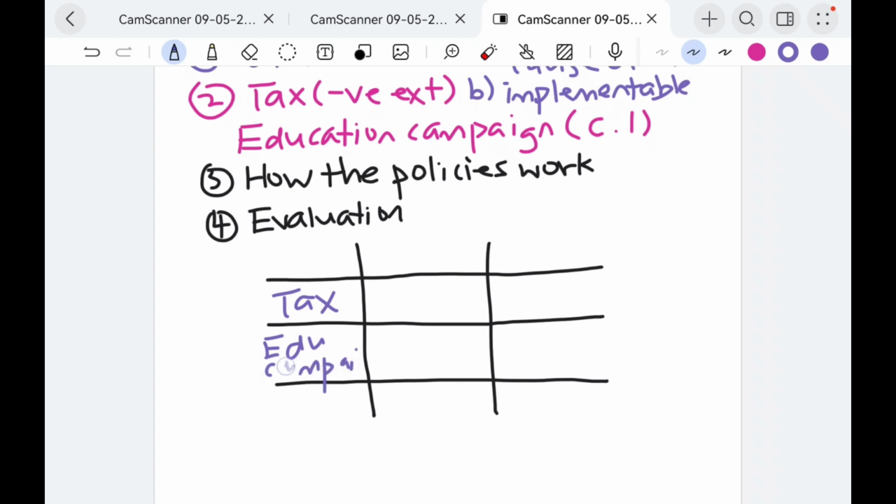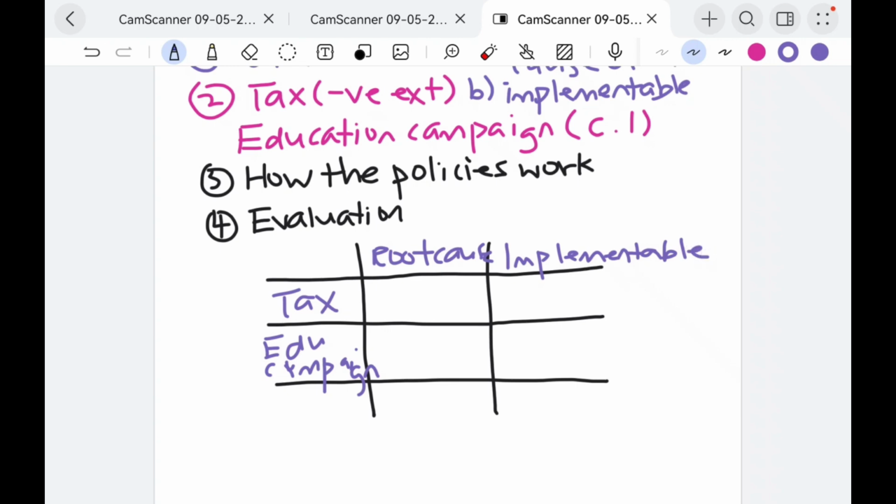Okay, so it's a little illegible, but yep. Then we evaluate against the root cause, and then whether it is implementable or not. So when you talk about each of them, you have to justify your answer.